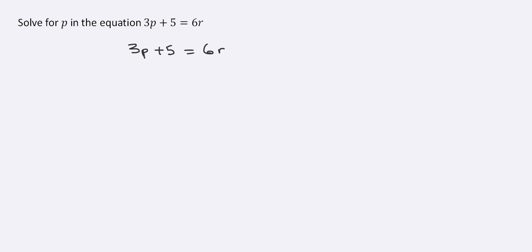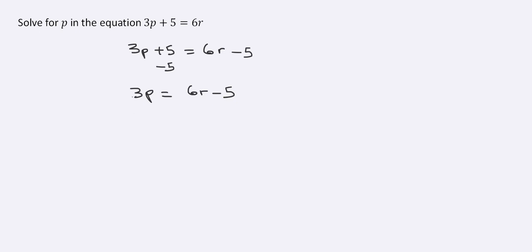We want to make sure that p stands alone on the left hand side. So I'm going to have to take the 5 out of here. I'm going to subtract 5 from here, and when I do that, I also have to subtract 5 here. So we have 3p is equal to 6r minus 5.